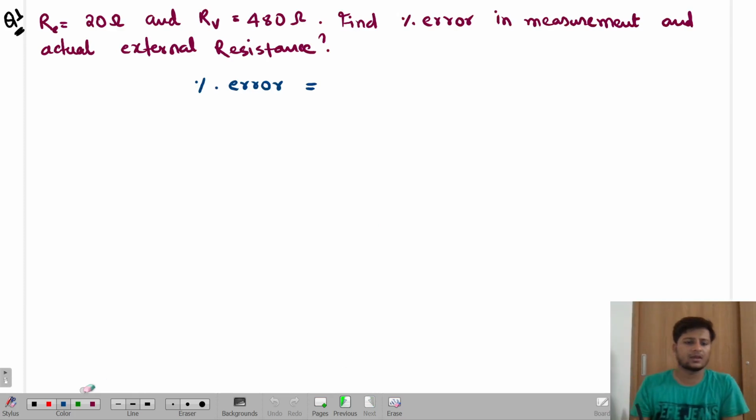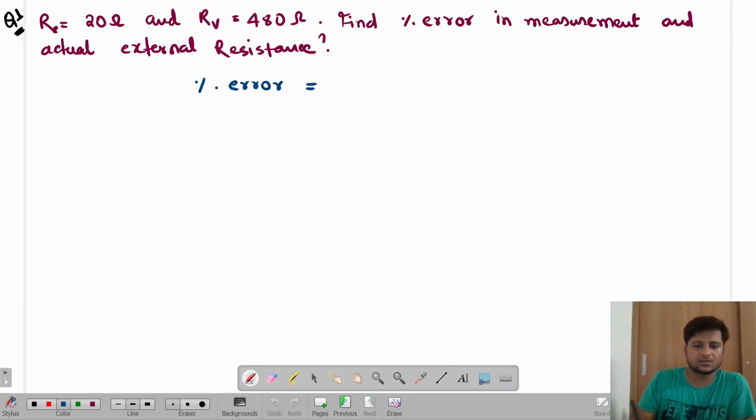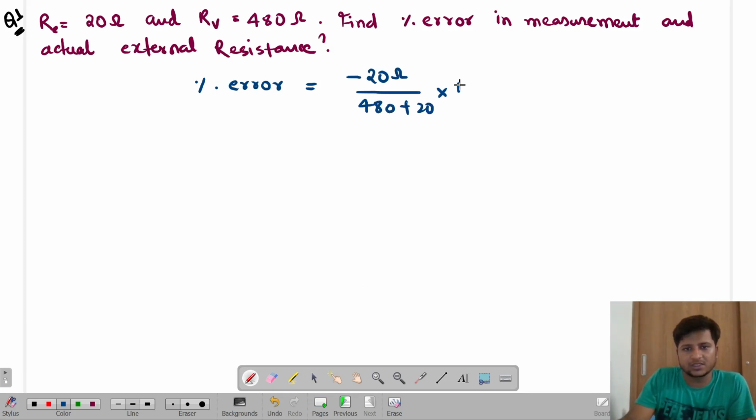So the answer is percentage error is minus R, yeah, minus 20 ohm divided by 480 plus 20, into 100%. That's my percentage error, isn't it?